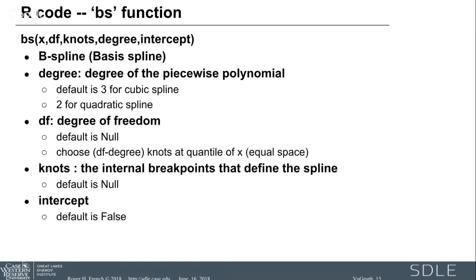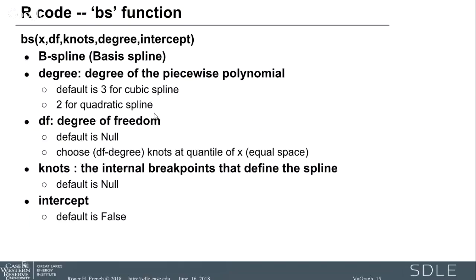And the next option, df, is the degrees of freedom. It's the number of coefficients. It's different from the degree, so you need to note that these two are not the same thing. The default is NULL. If you put a number for the degrees of freedom df, it will choose df minus degree knots.